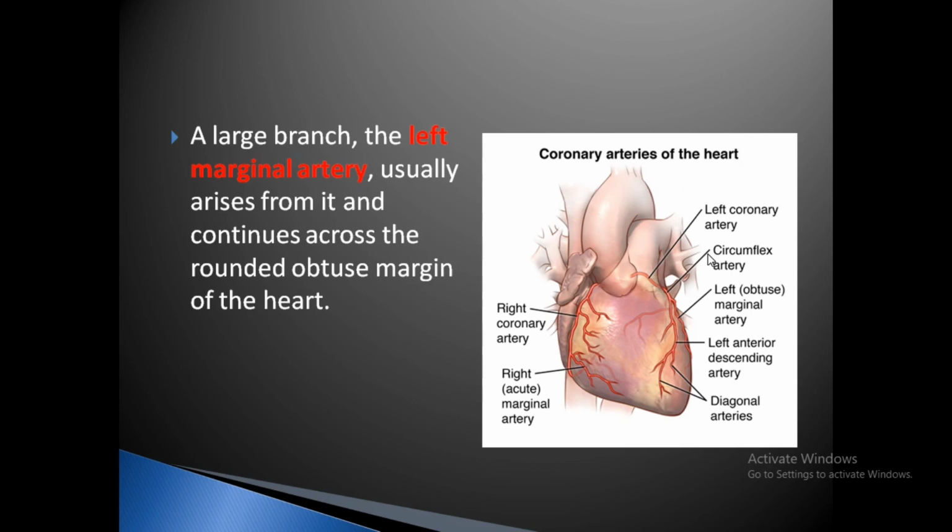So the circumflex artery gives a major branch called the left marginal artery, which continues around the rounded obtuse margin of the heart. Now you can see in the picture, this is the left marginal artery or the left obtuse marginal artery, which is actually the branch of the circumflex artery.